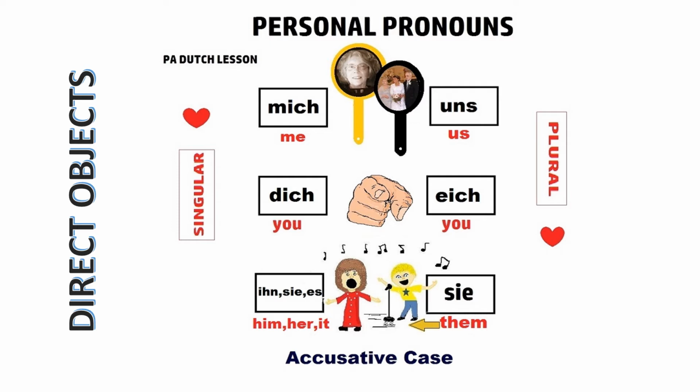Then the next third person singular is in the neuter, and that would be es, which is it. Ich will es kaufen, aber ich kaufe es, wenn es nicht so kostlich ist.